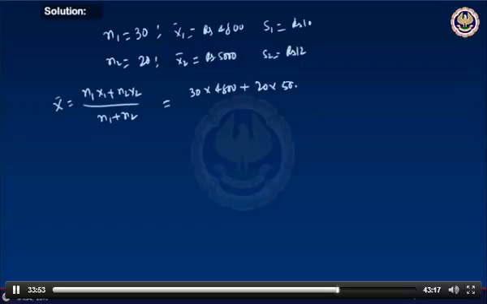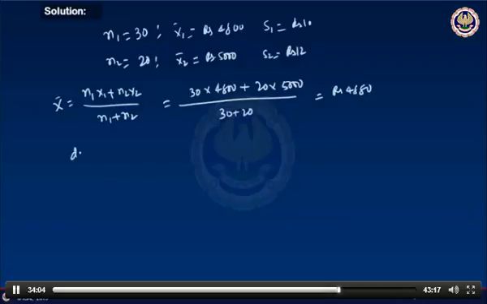Now the combined mean X bar equals N1 X1 plus N2 X2 by N1 plus N2, which is equal to 30 into 4,800 plus 20 into 5,000, whole divided by 30 plus 20, which is equal to rupees 4880.